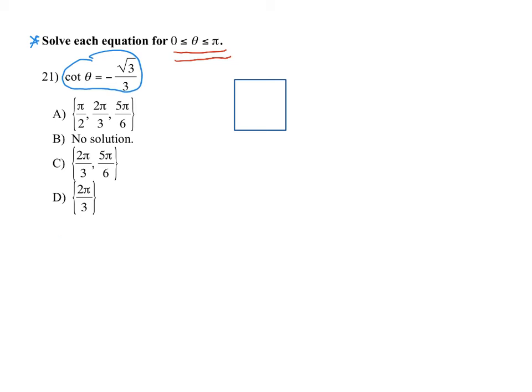First we're going to convert this equation into an inverse trig statement, and so we do inverse trig to solve the equation. We use the inverse cotangent, in this case, of negative square root of 3 over 3.